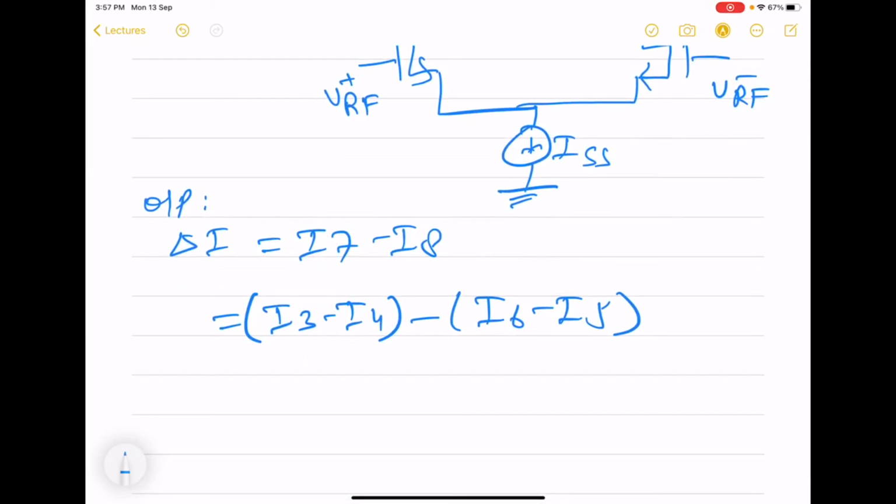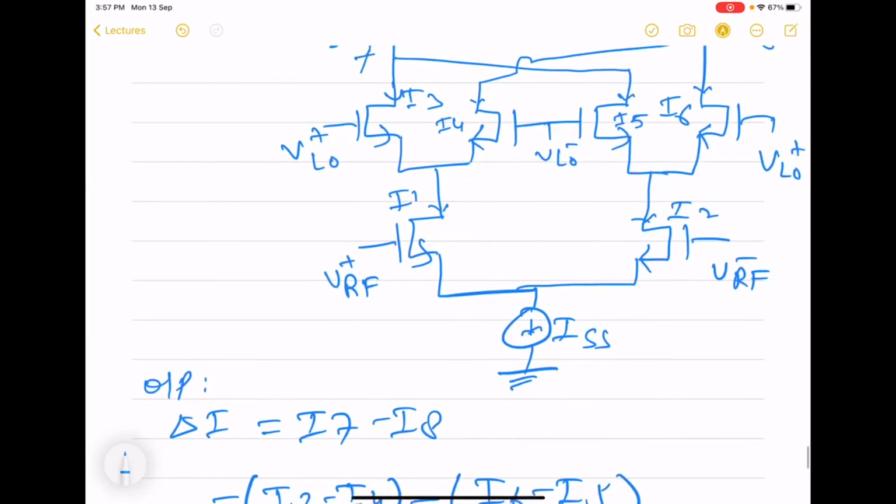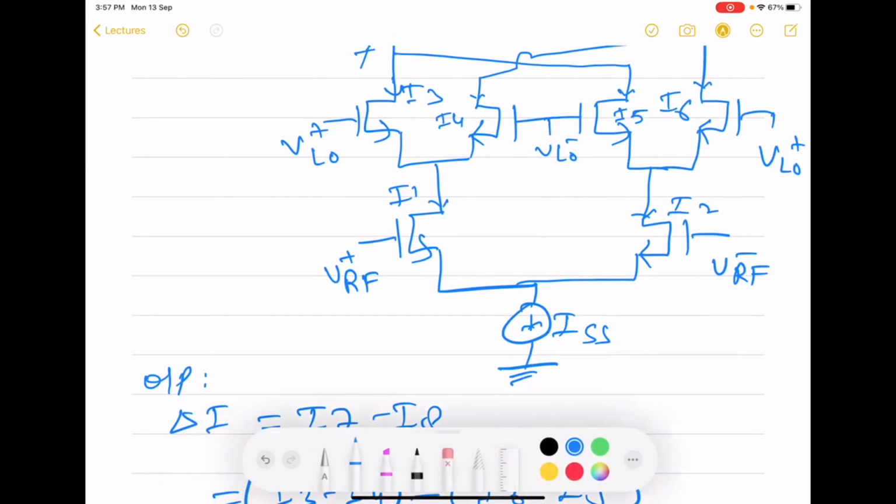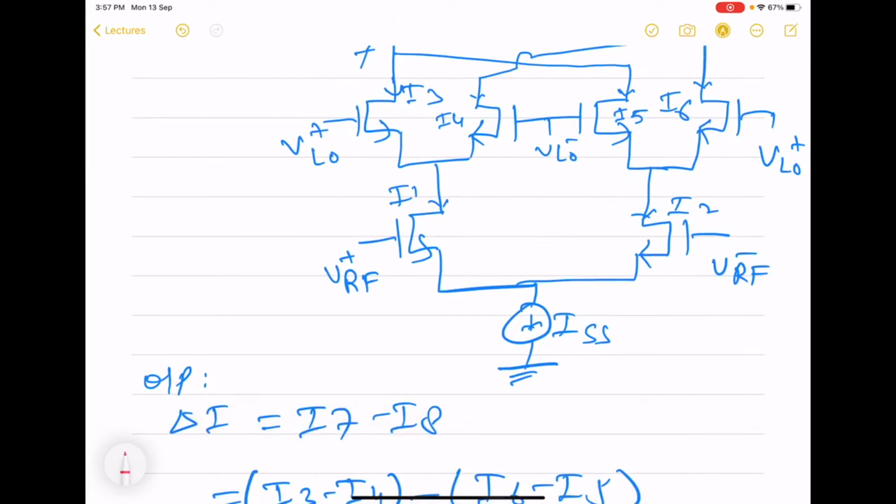So now in this case, we want to see what will be the output if we do the linearization. So what we do is, now we do slight modification here in the circuit. And we add a new current source here, which we'll be calling IL, and another current source here.